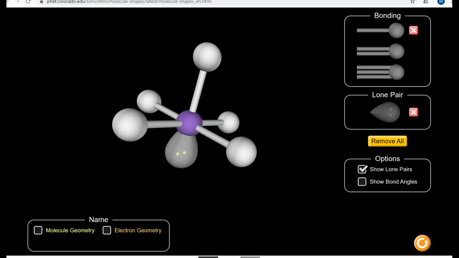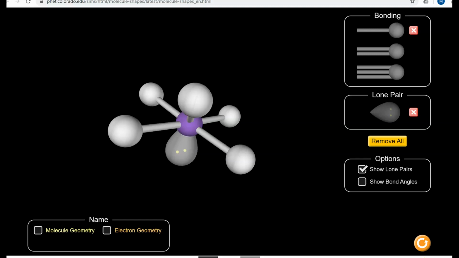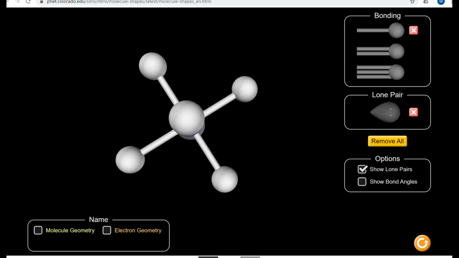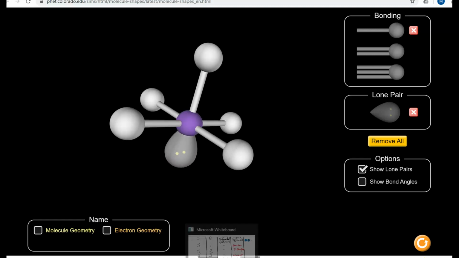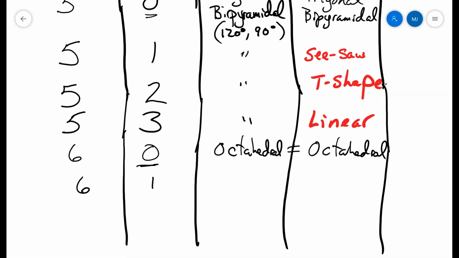So we see a pyramid hopefully again, but this time what kind of base is it? It's not a triangle base, it's a square base that forms a pyramid. So the 6-1, the electron geometry will still be octahedral, so we put a ditto there. On molecular geometry, we put square pyramidal.